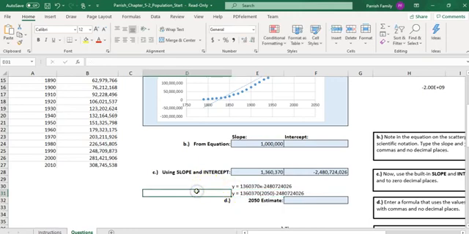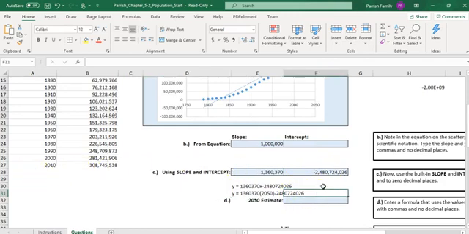But we want to make sure that we're using cell references. Except for the 2050, we don't want to use numbers. So the 1,360,000 is located in E28, and the 2 billion is located in F28. So we want to use cell references.